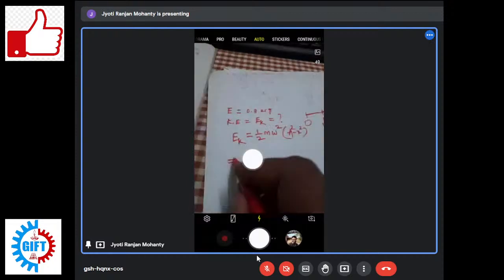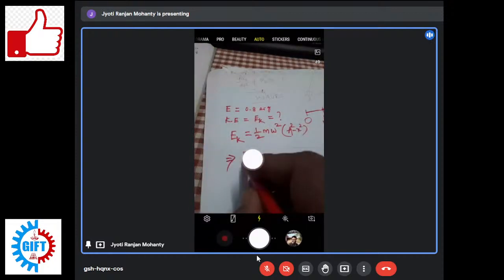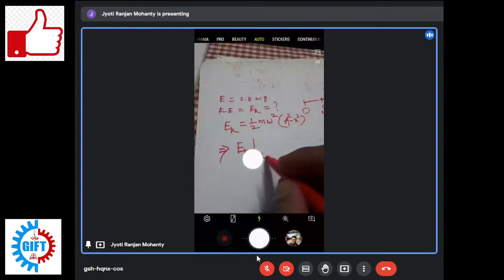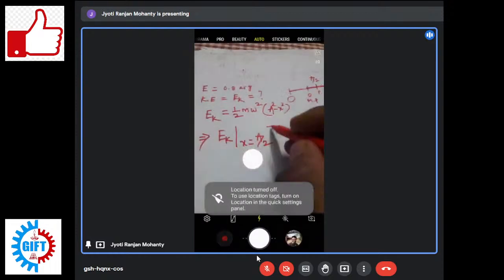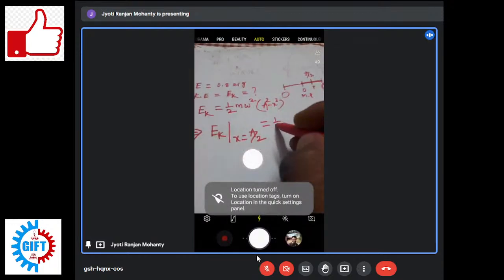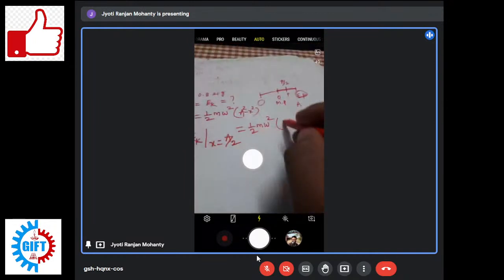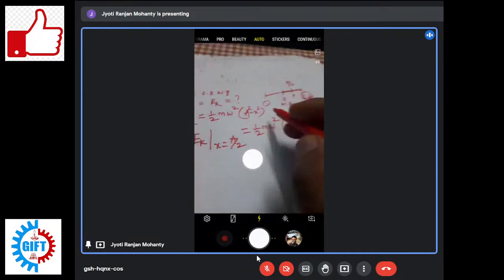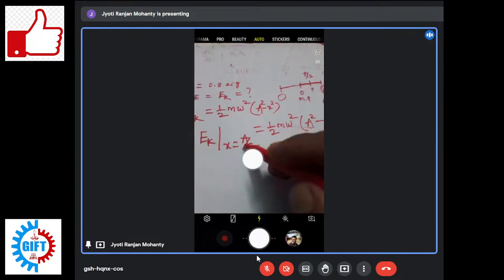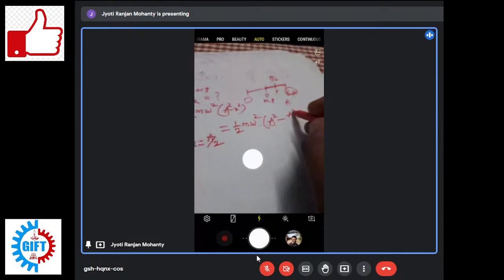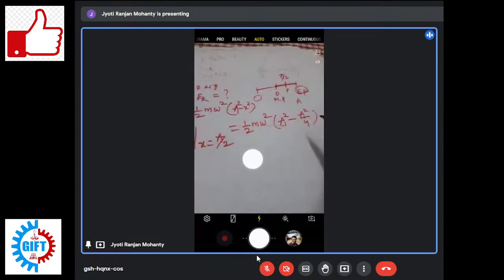We have to determine it at x equal to a by 2, the midpoint. Putting a by 2 in place of x, squared, it becomes a square by 4.